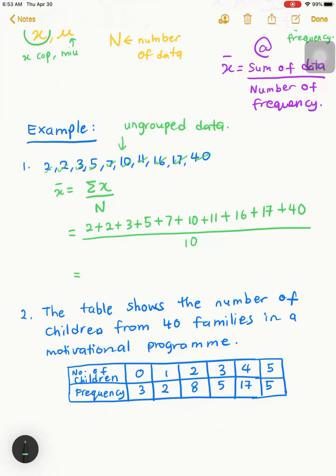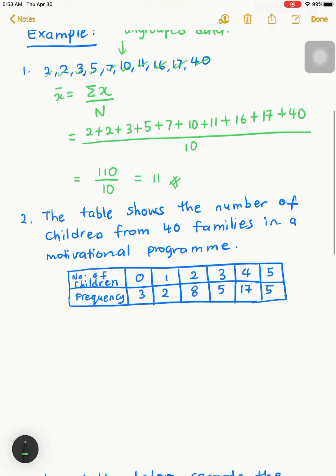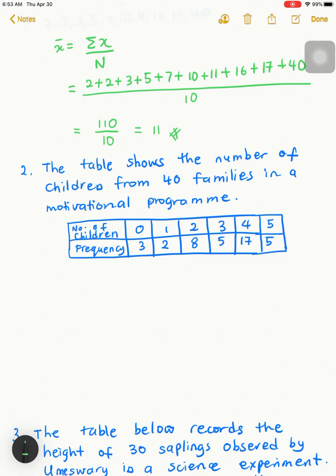Now take your calculator and calculate this. You get 110 over 10. So what is the mean? The mean is equal to 11. Just as easy as that.